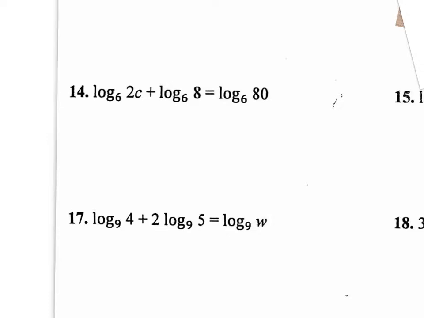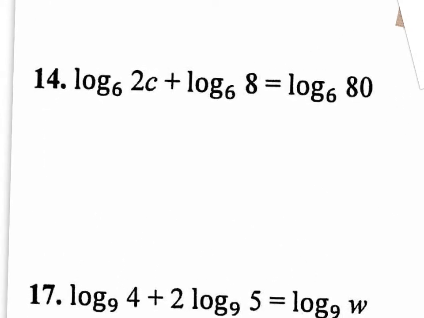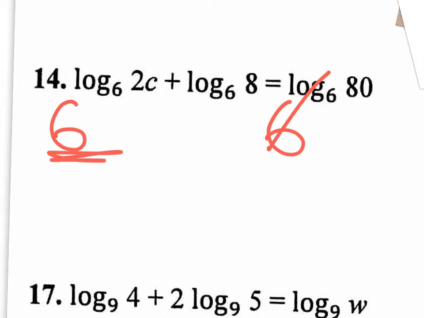But see, the problem here on number 14, you can't get rid of the logs by raising it to be the power of base 6. If you put a 6 right here and a 6 over here, this would cancel, but over here it would not cancel. Because in your exponent position, there's a plus sign, which really means that you have 6, it just gets all messed up, okay?